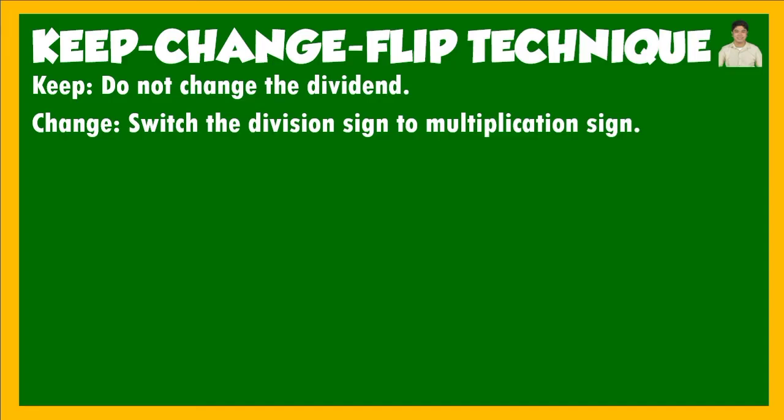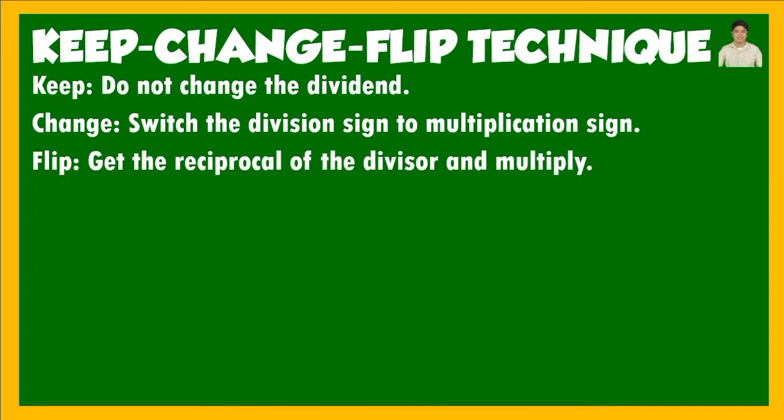Switch the division sign to the multiplication sign. Then, flip. After changing the division sign to multiplication, that is the time we get the reciprocal of the divisor and multiply. So after we change the sign, our next step is to get the reciprocal, the opposite of the divisor. Then we multiply the fractions.